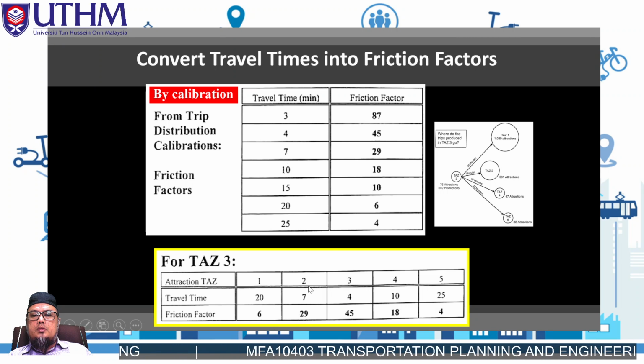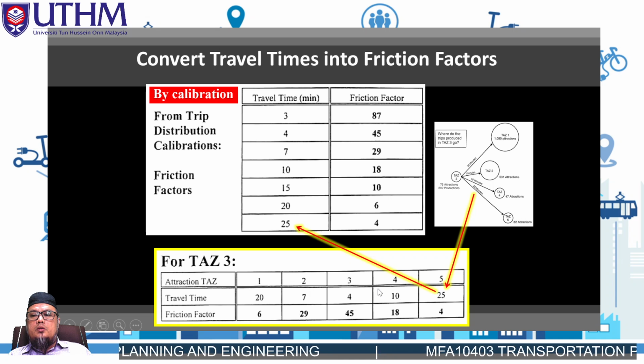So we just add the table in this form. In table 1, at zone 1, which is 20 minutes, the friction factor is now 6. Okay, zone 2, we have a 7, so 25, and so on. So we're going to transform this particular question into this table.